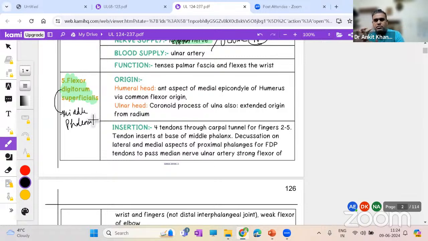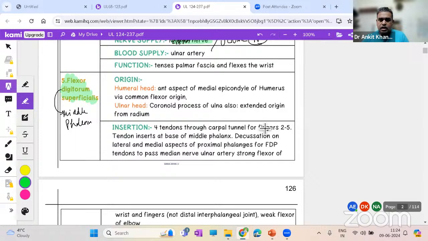So between the three bones, they have two joints. You see, if I flex my finger over, I have two joints. There's a proximal interphalangeal, and a distal interphalangeal one. Okay. Now, if the FDS is only reaching up till the middle phalanx, it will only flex the PIP joint, that is proximal interphalangeal. Okay. So, as you read over here, it sends four tendons through the carpal tunnel into the base of middle phalanx.